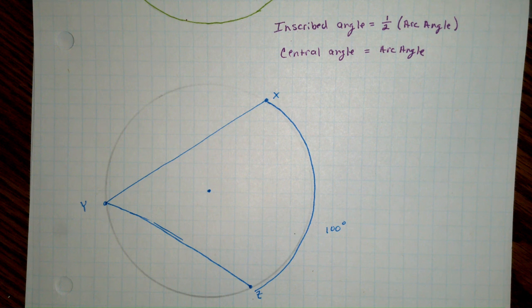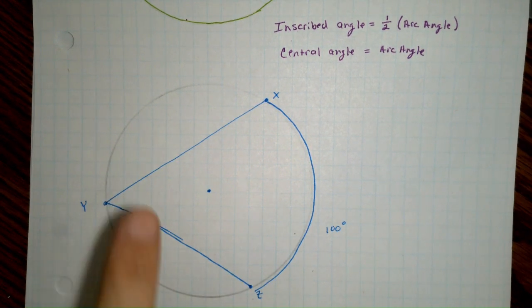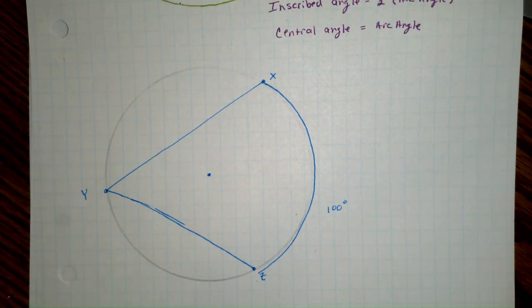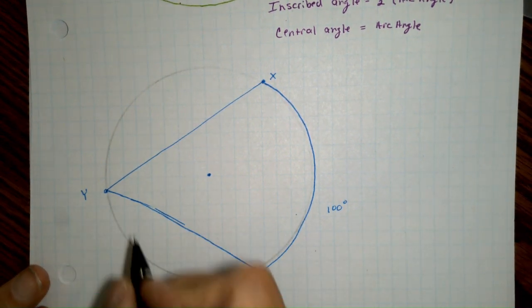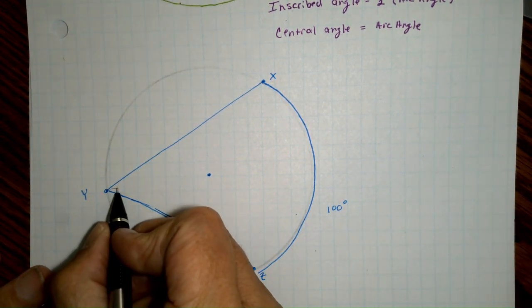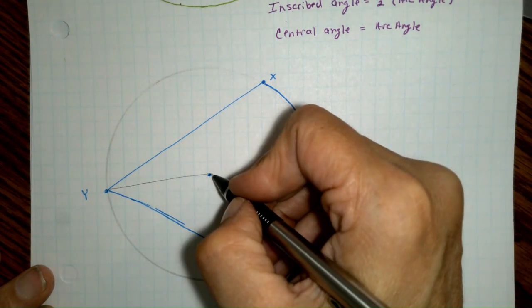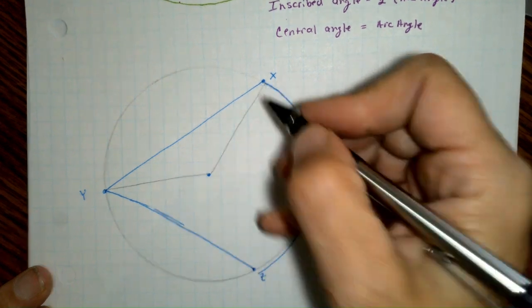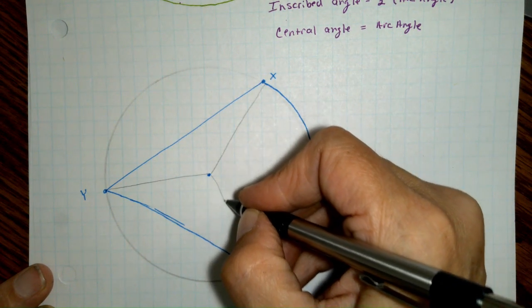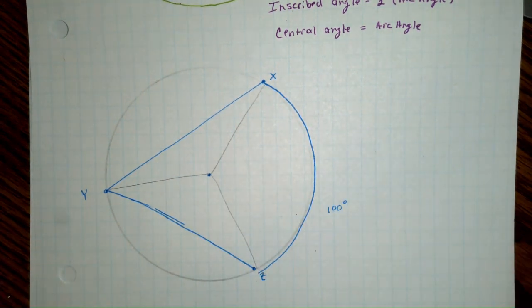Okay? So I want to figure out this angle. Now, you might already know it because you might have paid attention to what we just talked about. But the first thing I'm going to do is I'm just going to draw right here. Okay.